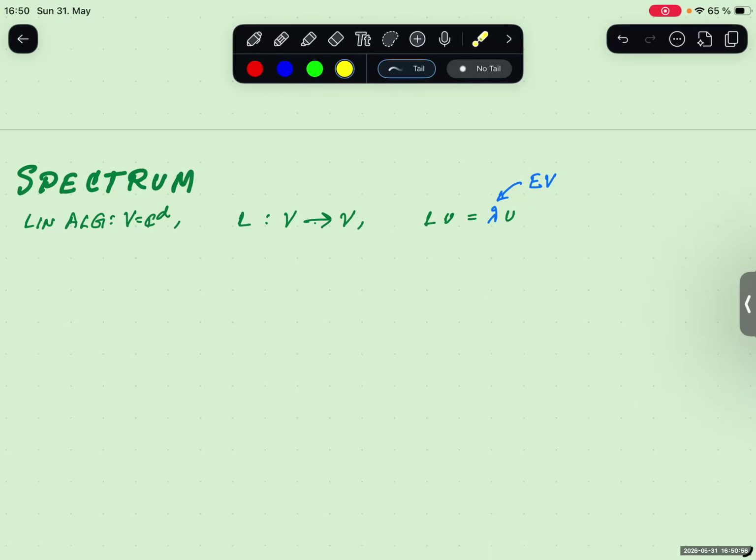Do you think we can use the same idea to define an eigenvalue of an unbounded operator? Is there any problem if we want to use this for unbounded operators?